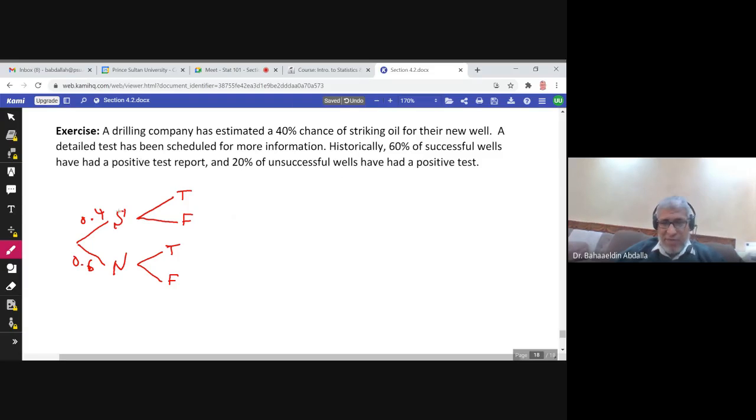If the well is successful, 0.6 had a positive report. So 0.4 of the successful wells had a negative report. 20% of unsuccessful wells have had a positive test. So 0.8 will have a negative test.